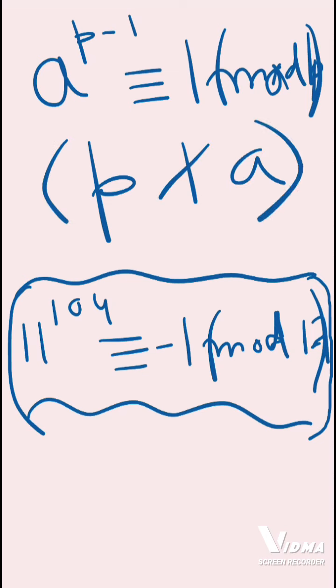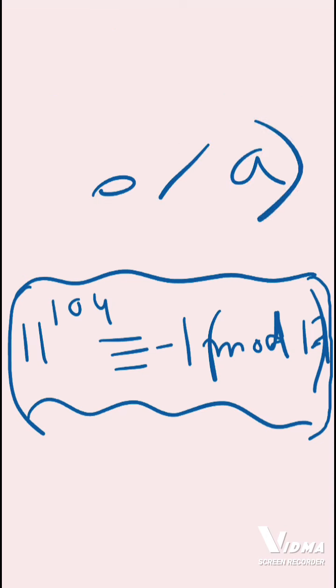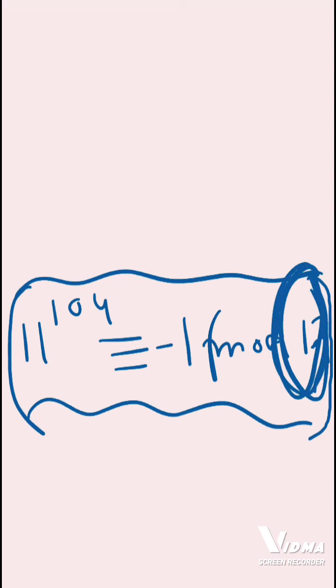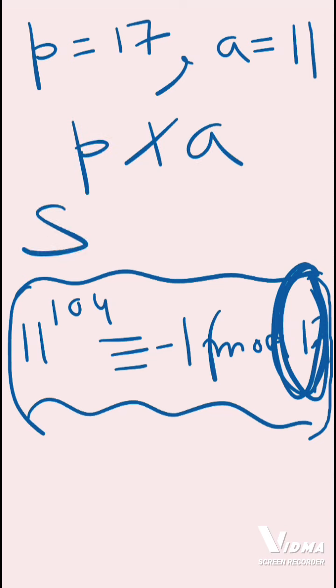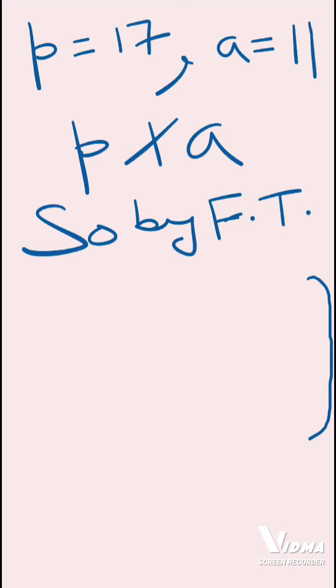This was the statement, so I just recalled it. Now here the p we have to take is the quantity inside the mod, right? So here p equals 17, a equals 11, and it is clear that p does not divide a.